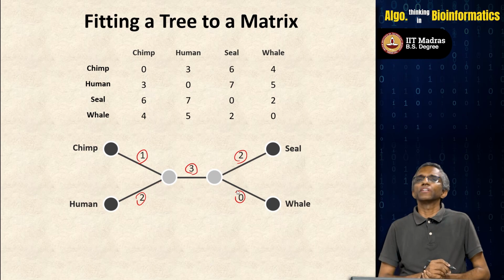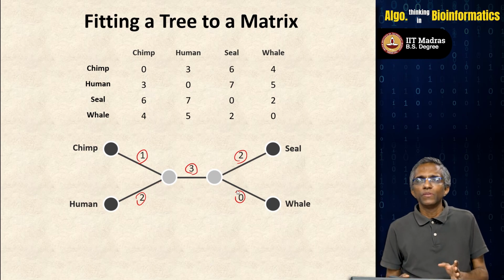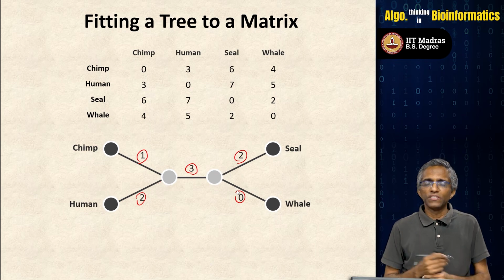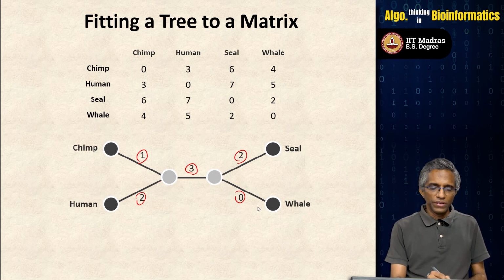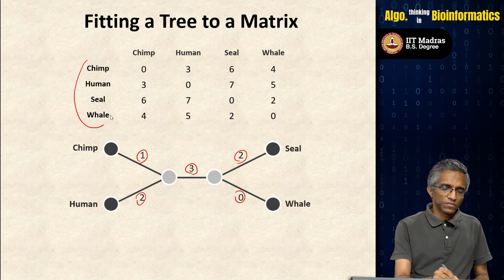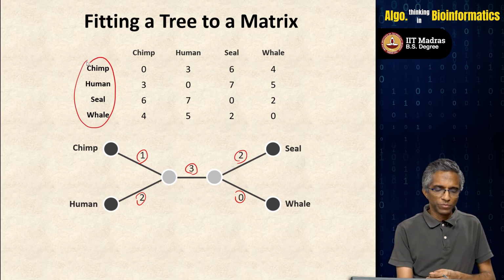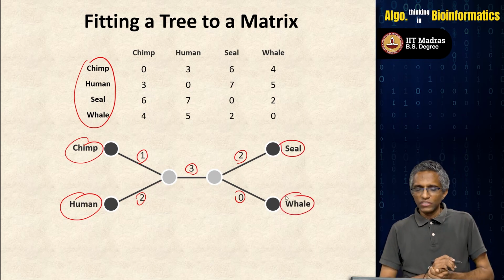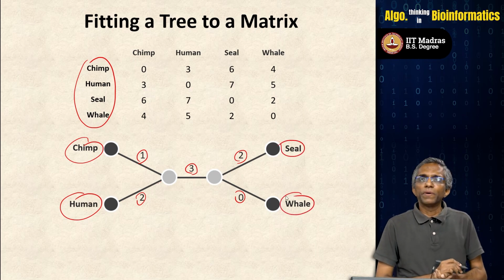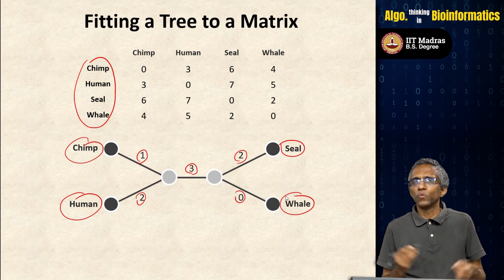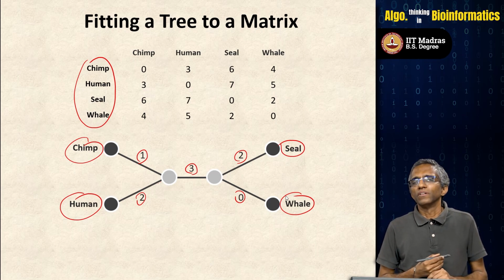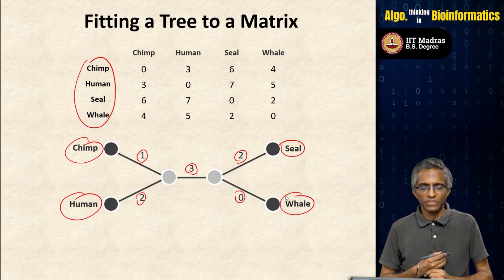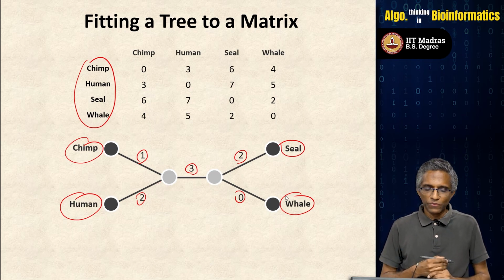You want to make sure that you come up with an unrooted tree with a set of nodes and edges, with edge weights, and the leaves are all the species of interest. So this chimp, human, seal and whale, such that the distance of the path, because it is a tree there is only one path between any pair of species or leaves, or any pair of nodes in the tree for that matter.